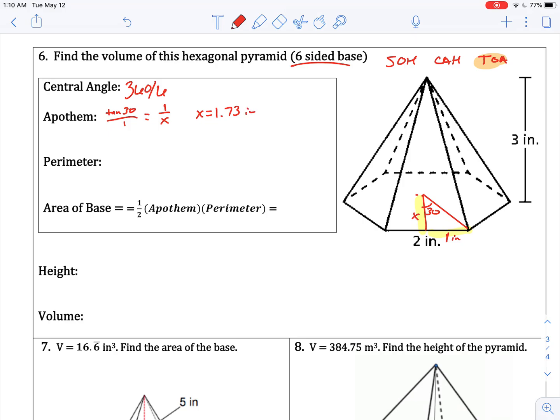And that's inches. So the perimeter would be 12 inches, and the area would be 1/2 apothem, 1.73, times the perimeter, which would get me 10.39.